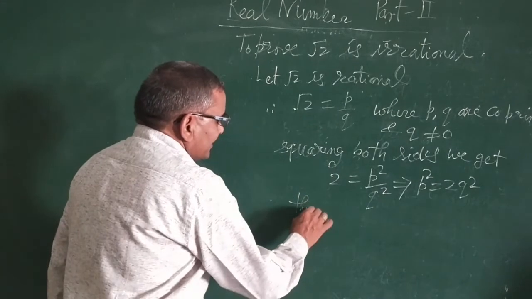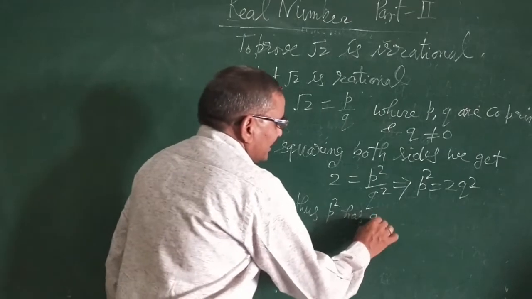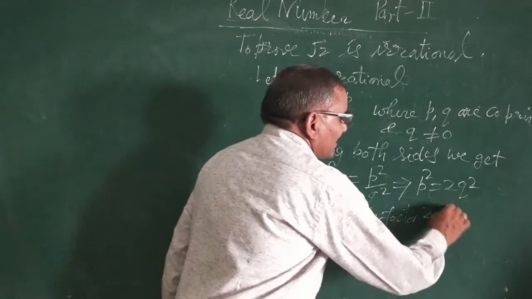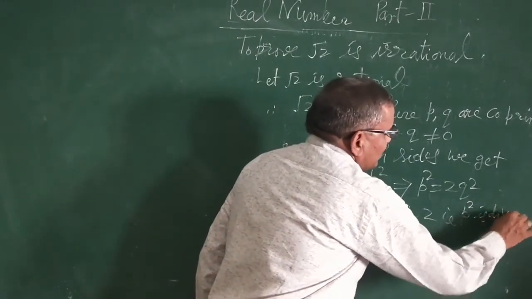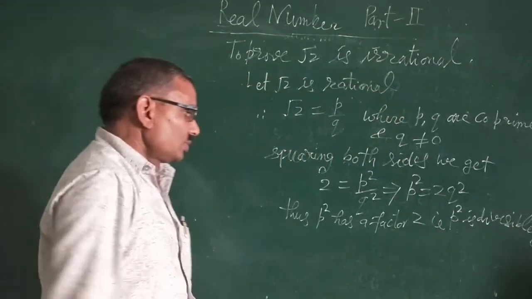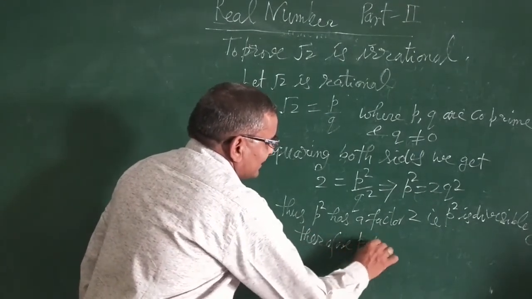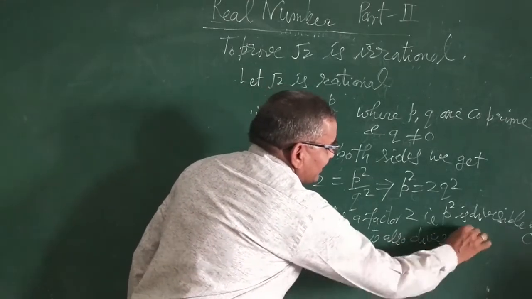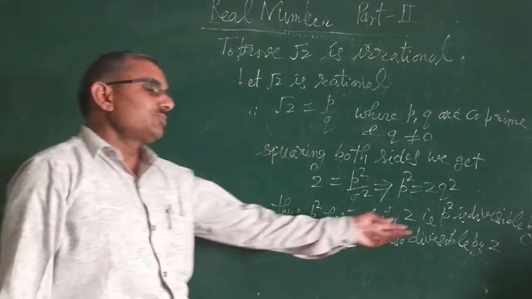Thus p square has a factor 2, that is, p square is divisible by 2. Therefore p is also divisible by 2. If p square is divisible by 2, then p is also divisible by 2.